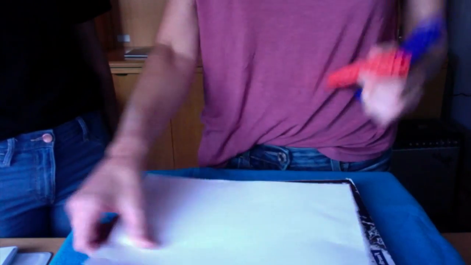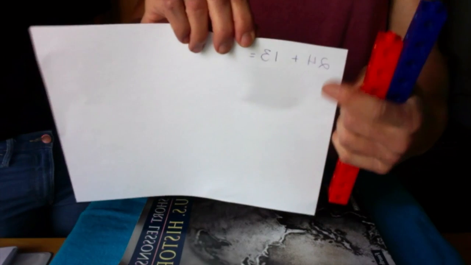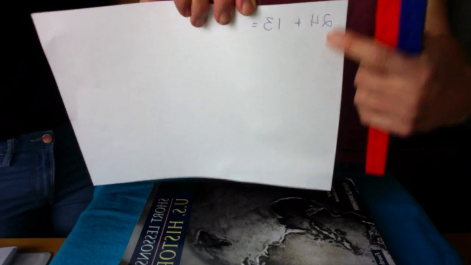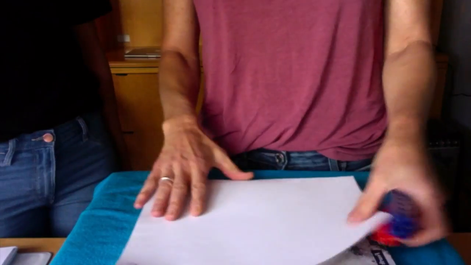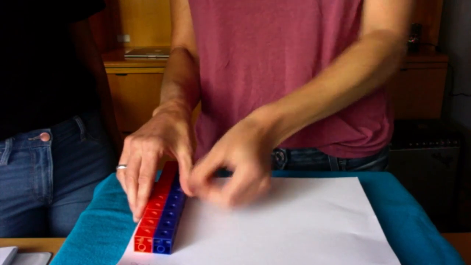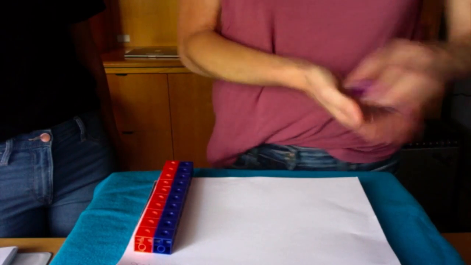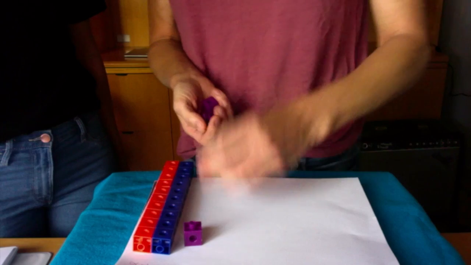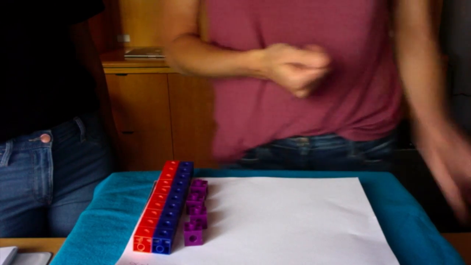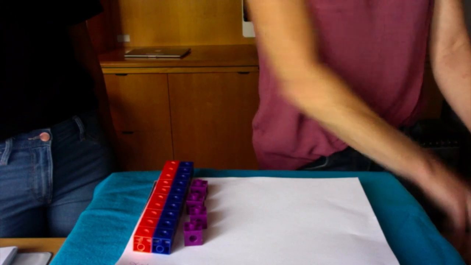And remember, like we were saying, the 2 is in the tens area, right? So we're going to make 20. And then the 4, which is in the ones. 1, 2, 3, 4.